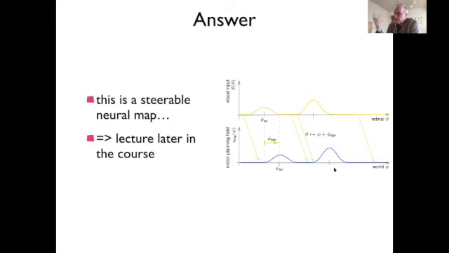And this is a special kind of map because how much this input is shifted depends on a variable. We call that a steerable field. You can steer it. In other words, you have to have cables or synaptic connections from any retinal coordinate to any world coordinate, and then you're activating a subset of those cables based on your current estimate of heading. We call that a steerable map.